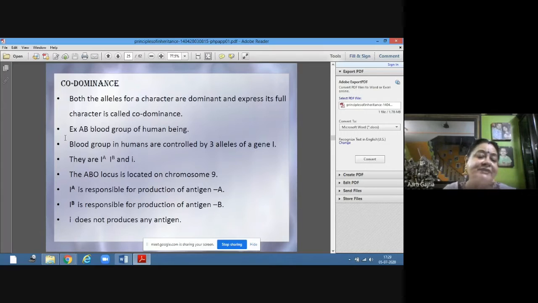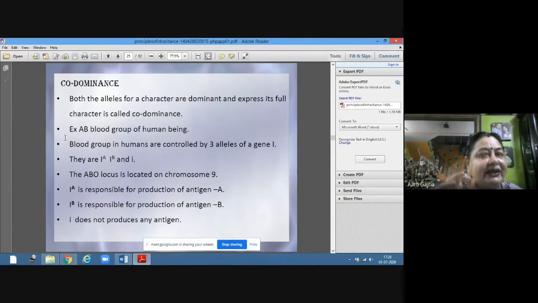Yesterday for incomplete dominance, we saw that if a gene is capable of producing one kind of enzyme, the modified gene will be either normally functioning or less efficiently functioning, or the gene can be non-functional, not producing any enzyme, or producing an enzyme which is non-functional.